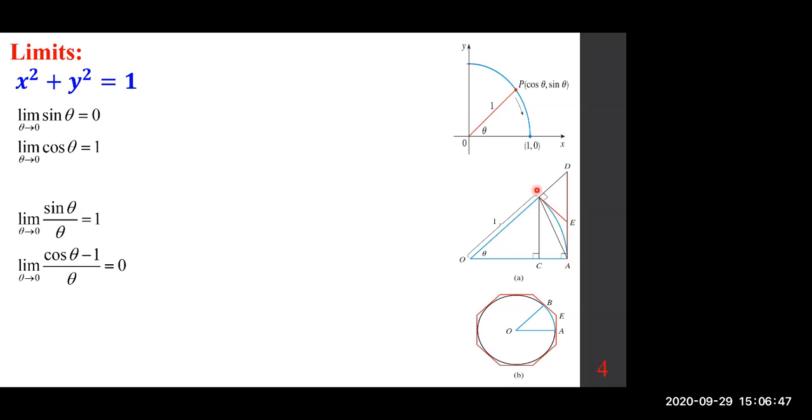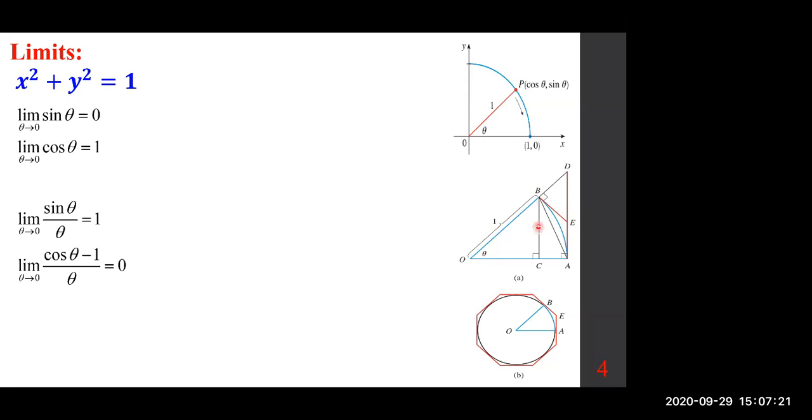AB is the hypotenuse of this triangle, and it's larger than BC. And this AB is the arc, and it's larger than this AB, which is a line. This arc is the same as theta because this is a central angle. So BC represents sine theta, and it's smaller than arc AB, which is theta.